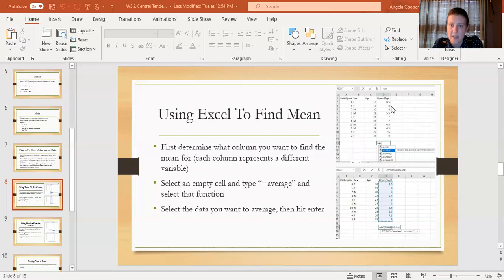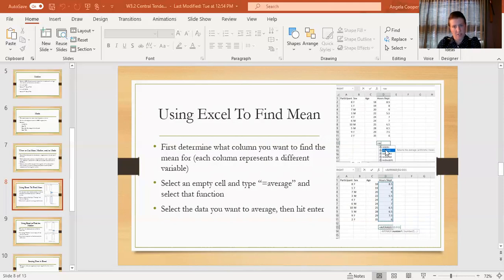We have 8.5, 8, 9, 5.5, and so on. To find the average number of hours slept by these 10 people, we find an empty cell and start typing equals average. So the equal sign, AV. I usually just double click on average because it'll pop up once you start typing. I double click that and then it's good to go.